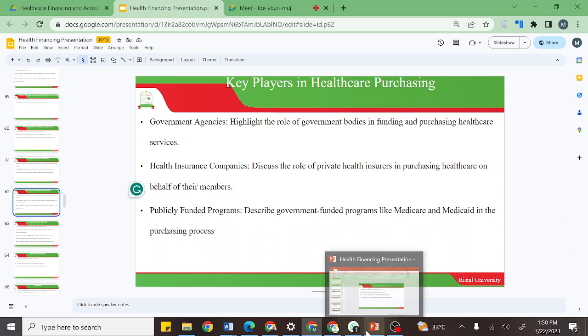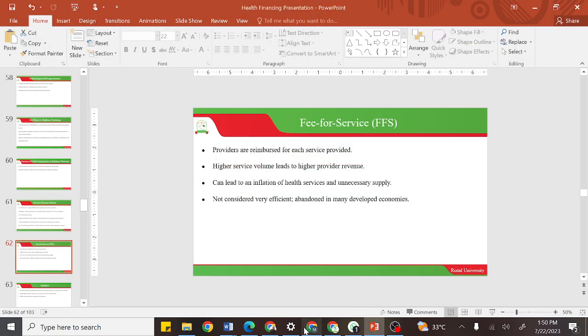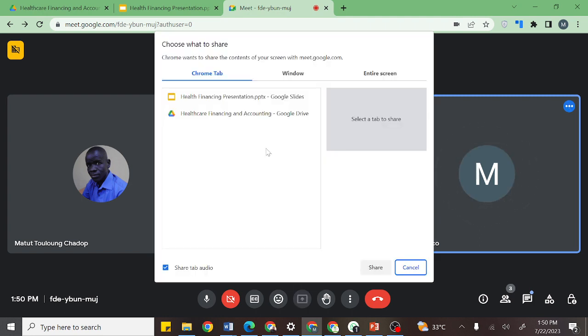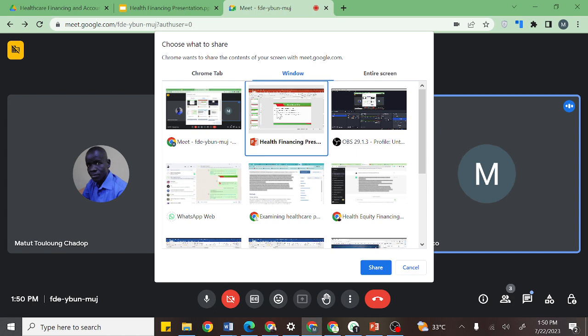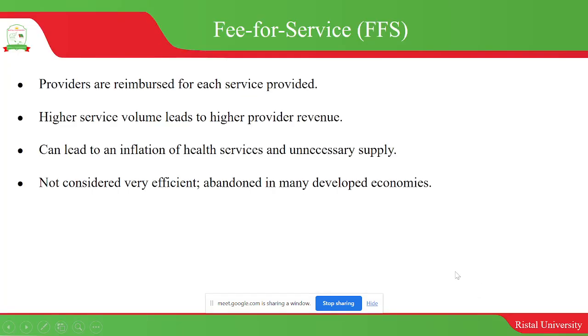So let me just use the method that I've been using, because this one will make me to present work that doesn't look nice. So let me share again. Every time when the slide stops moving, please you let me know such that how is that? It's okay now, we're seeing.